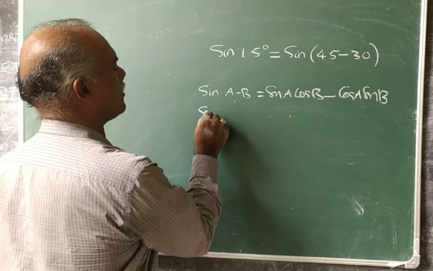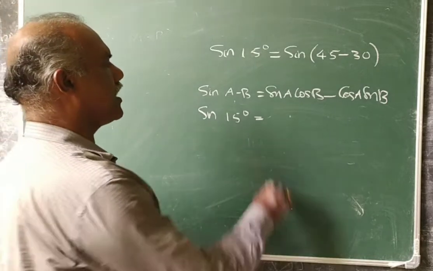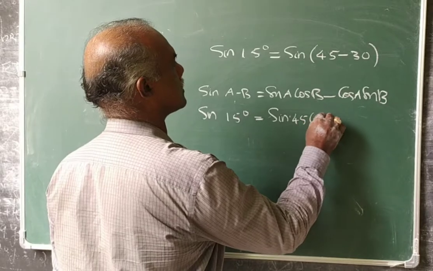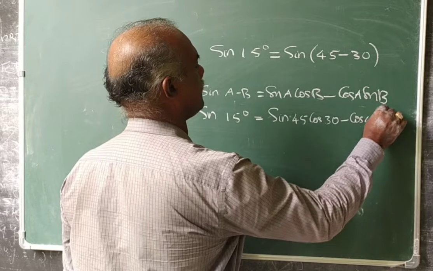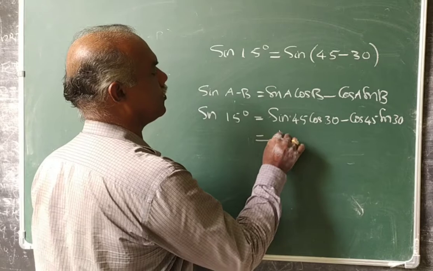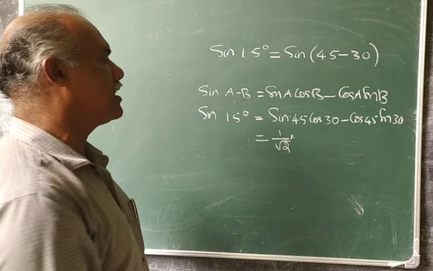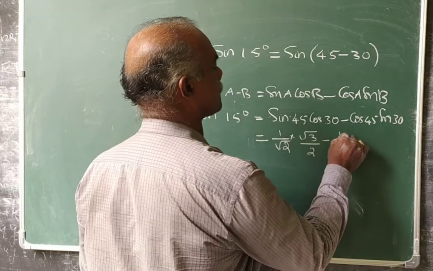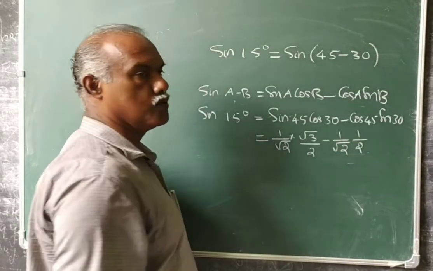So sin 15 degrees equals sin 45 into cos 30 minus cos 45 into sin 30. This is equal to 1 by root 2 into cos 30, which is root 3 by 2, minus cos 45, which is 1 by root 2, into sin 30, which is 1 by 2.